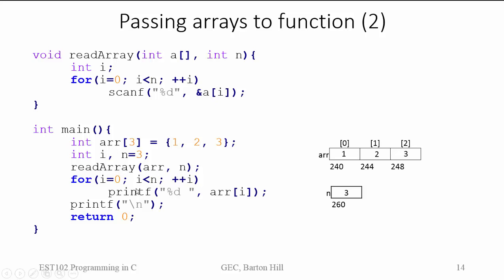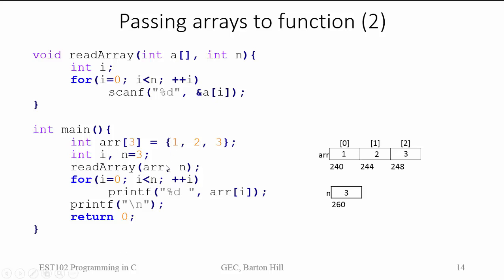Now here we have to observe that ARR gives the starting address of the array and it is passed to A. Okay, so usually when we declare a statement like int A square bracket, it will be allocating a different memory.